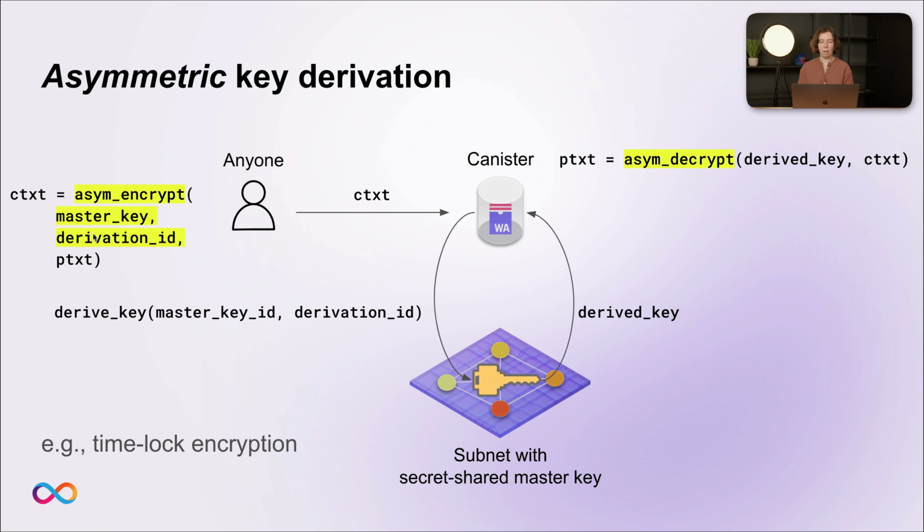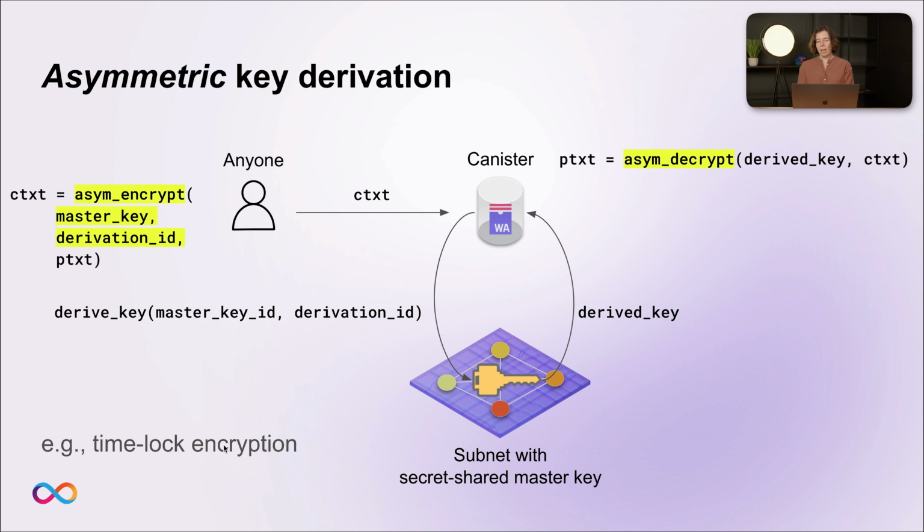And note here that the derivation ID will be something of the canister. And so in this case, this can be used for things like time lock encryption, identity-based encryption, all sorts of fancy stuff, which we will see later in the demos. But this is just a very high-level view of the kinds of things that you can do with derived keys.